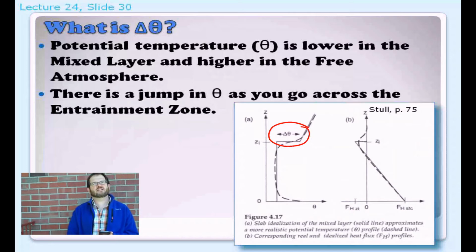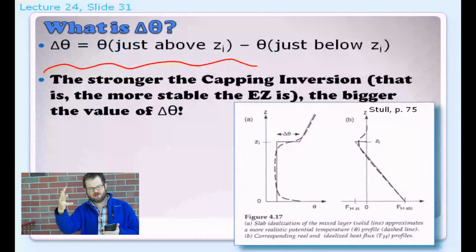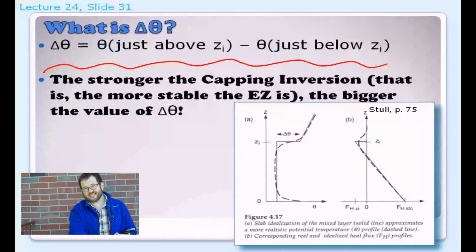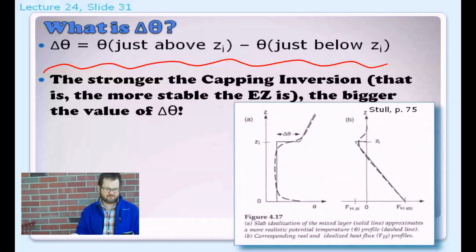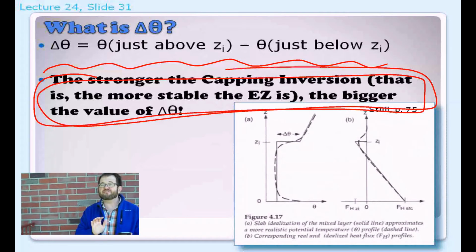Stull tries to define it in his textbook as the potential temperature just above Zi minus the potential temperature just below Zi. That can be a way to make it work. It's a little bit awkward. But the basic idea is that the stronger the capping inversion is, that is, the more stable your entrainment zone is, the bigger the value of your delta theta is going to be.